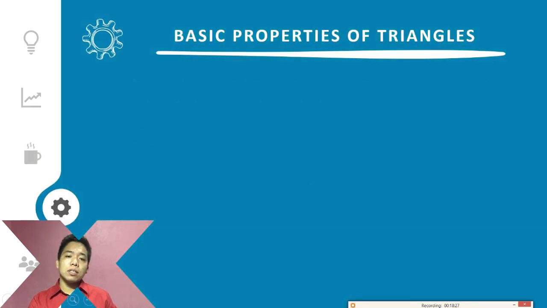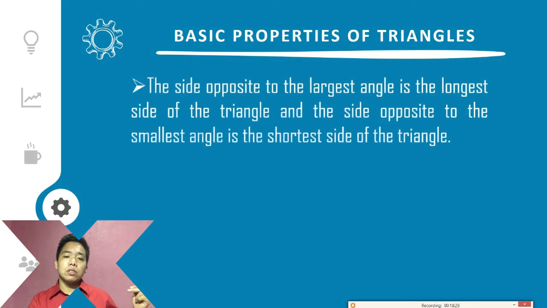Next property, okay, the side opposite the largest angle is the longest side of the triangle, and the side opposite the smallest angle is the shortest side of the triangle. So that's always true. If it is a larger angle, it must be opposite the longest side.